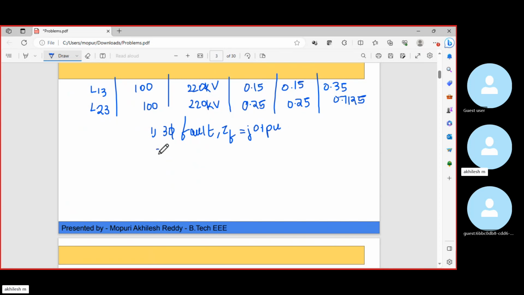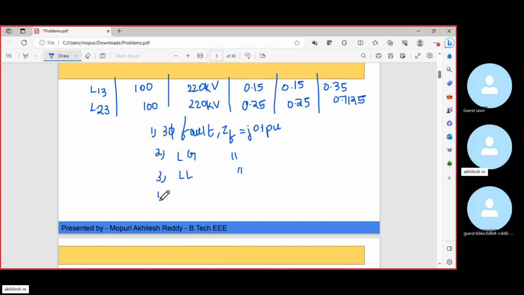Second subdivision, it is a line to ground fault, LG fault, again with the same ZF value. And the third subdivision, let us consider a line to line, LL fault with the same ZF value.